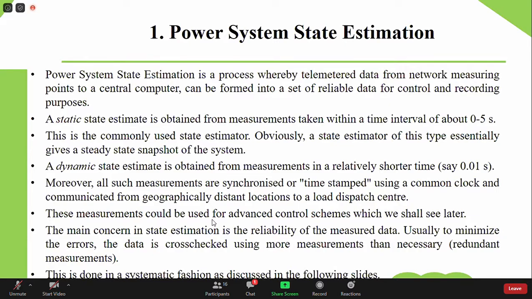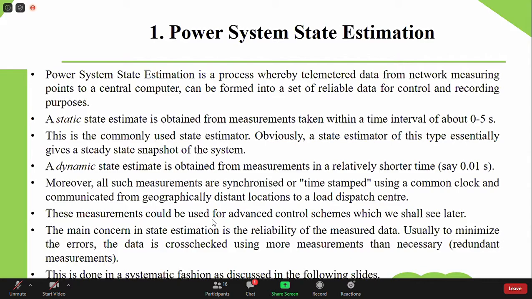Basically, power system state estimation is a process whereby you collect telemetry data from longer distances, or from network measuring points, to a central computer, and it can be formed into a set of reliable data for control and recording purposes. This is the definition of power system state estimation.